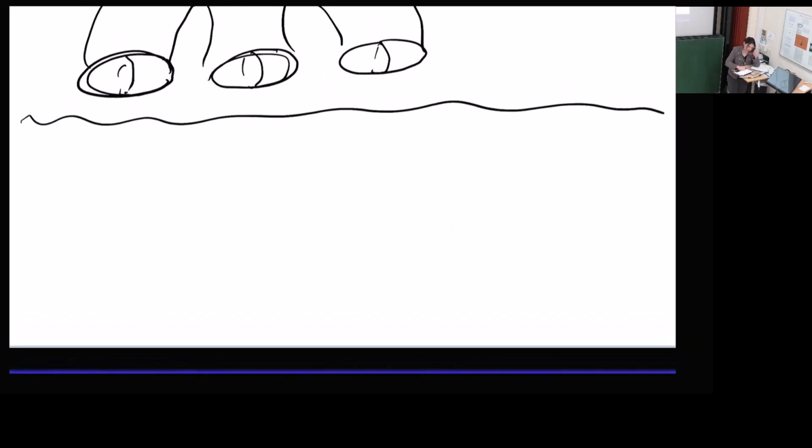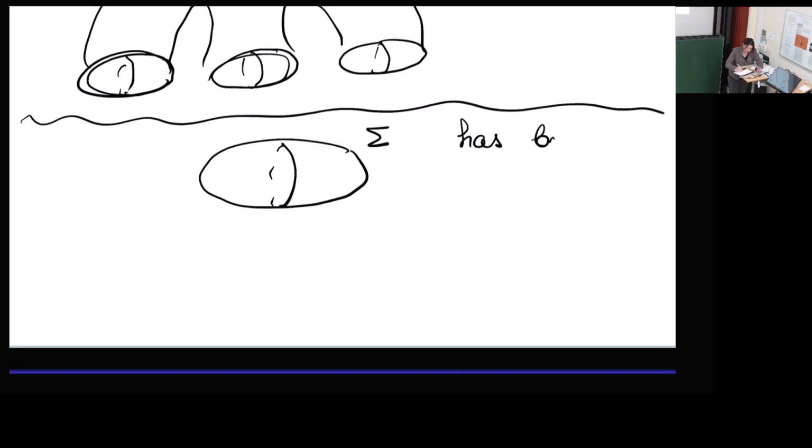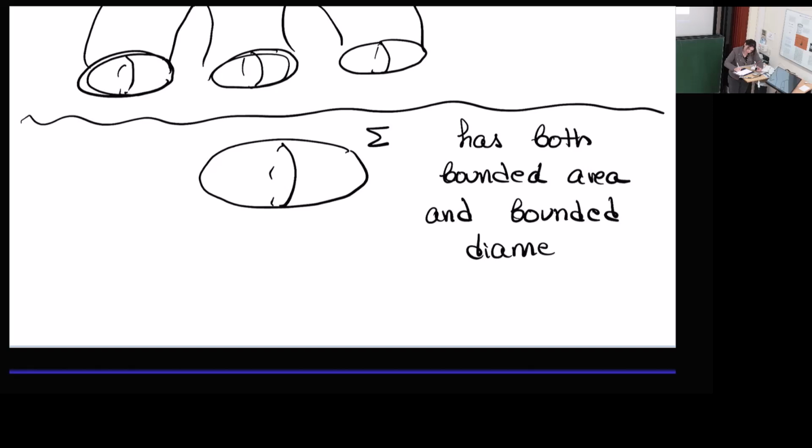So now, let's say we have done this. This is now swept out by spheres. Well, we want to partition this into short curves. Again, keep in mind that we don't necessarily know how to effectively construct loops in M. However, let's pretend that each of the surfaces sigma has both bounded area and bounded diameter.